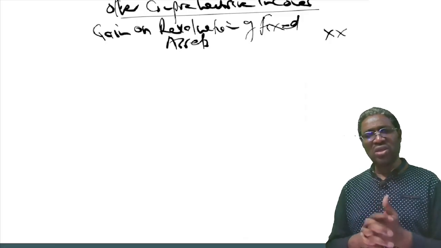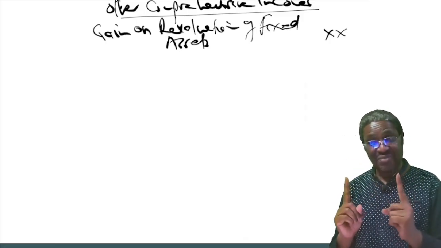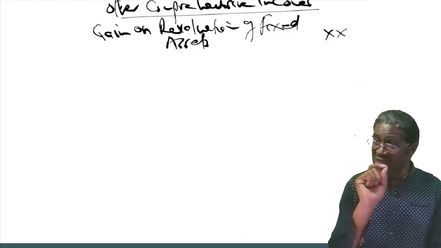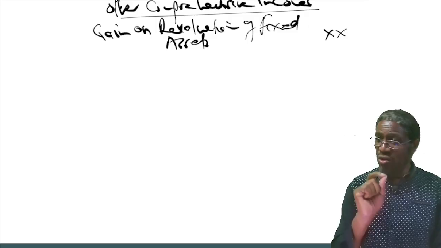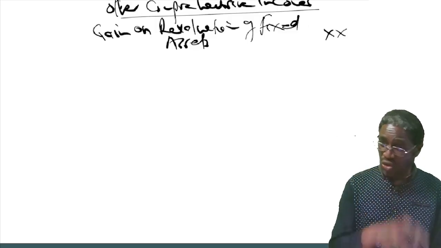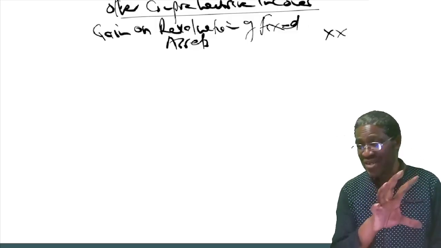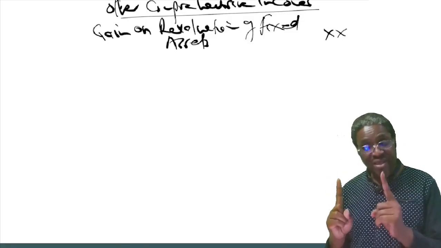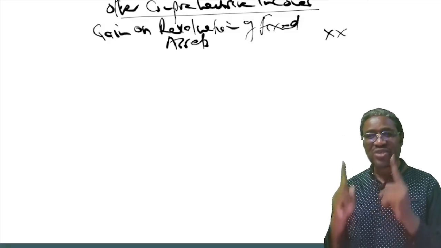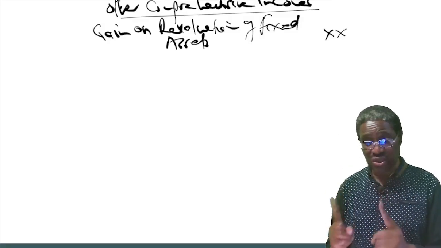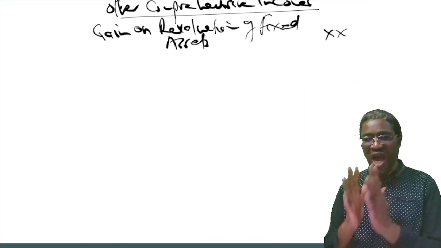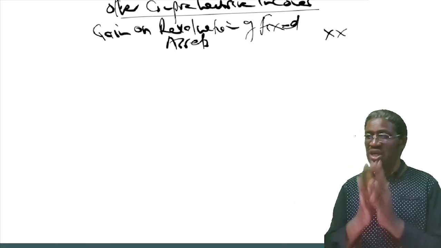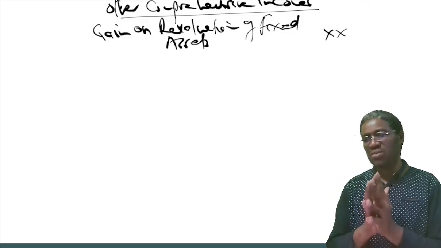The point is, somewhere, someplace, you will be required to translate your figures from the local currency to foreign currency, or foreign currency to local currency. Somewhere you will have to translate those foreign currency transactions into your local currency.